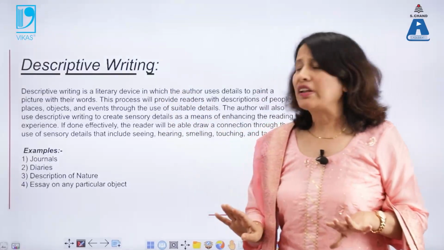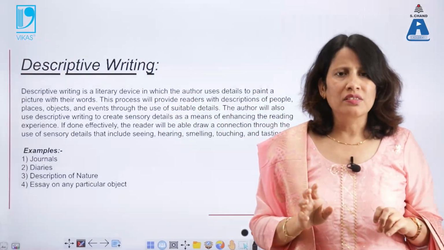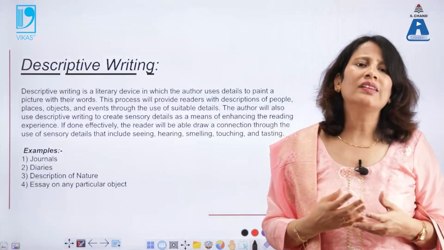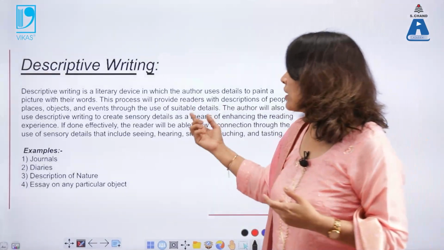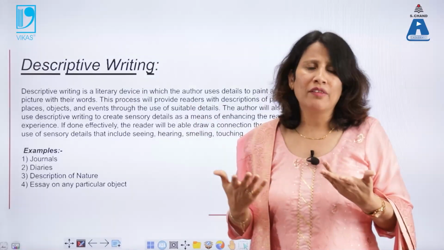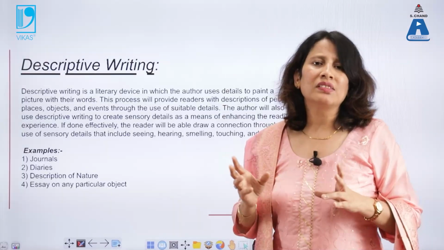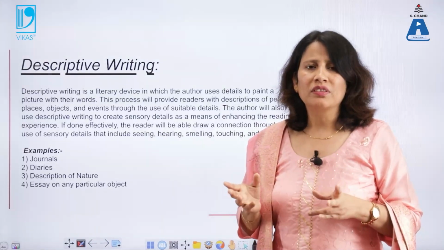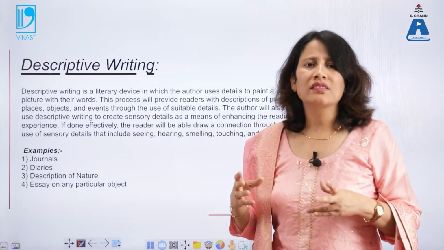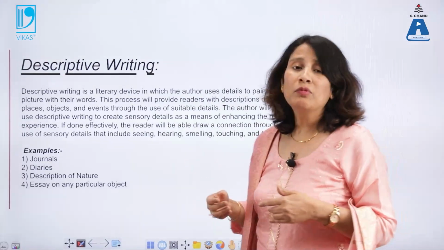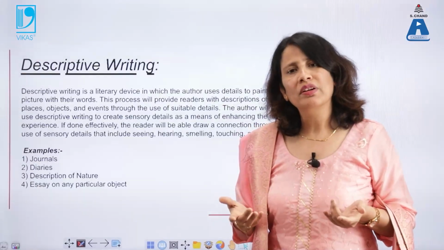So what is descriptive writing? It's a literary device. It's usually used in poetry or all the literature. So when a poet, if we have to quote an example, Wordsworth in Daffodils, says, I wandered lonely as a cloud that floats on high over vales and hills, when all at once I saw a crowd, a host of golden daffodils.